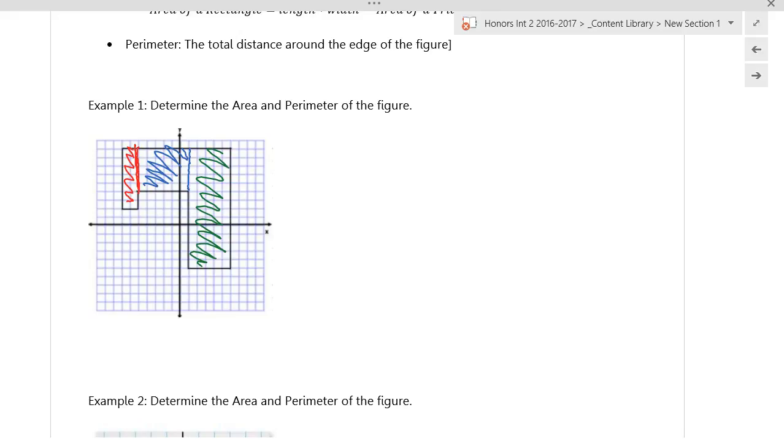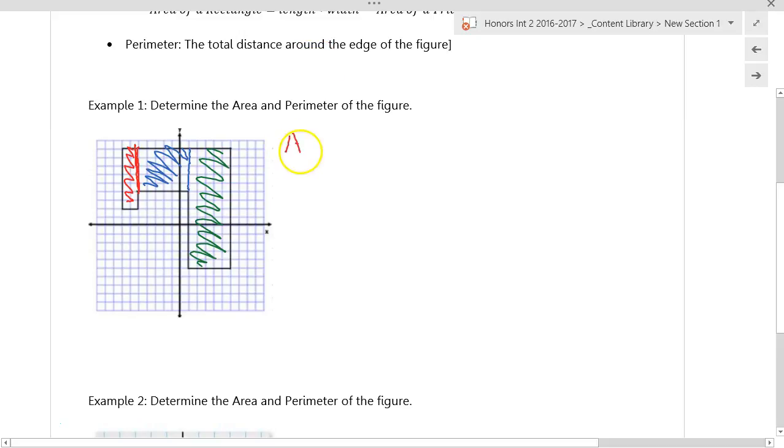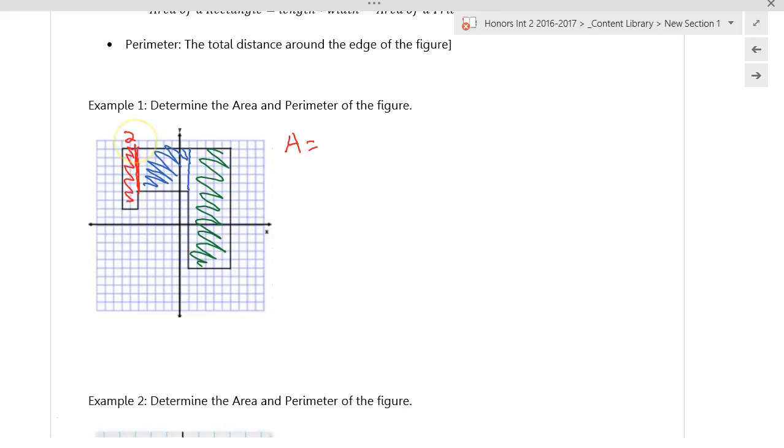So, starting with our red rectangle, area equals, this is 2 units, 1, 2, 3, 4, 5, 6, 7 units. So the area equals 2 times 7, which is 14.